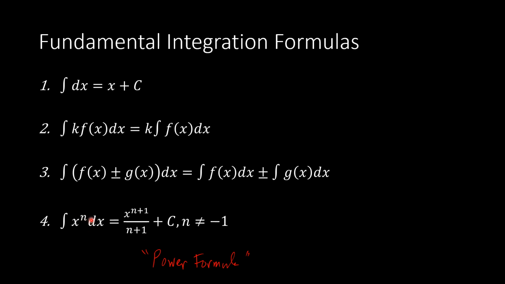So n could be any real number except negative 1, because we know what will happen if n is equal to negative 1. We will be getting 0 in the denominator, and we are not allowed to divide by 0. So the power formula involving x raised to some power n is for any n except negative 1.